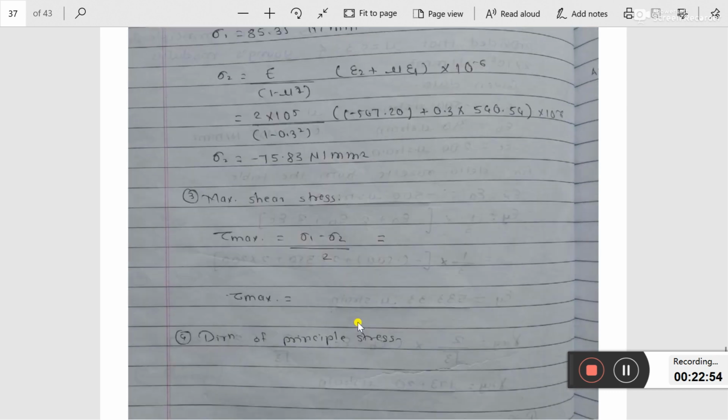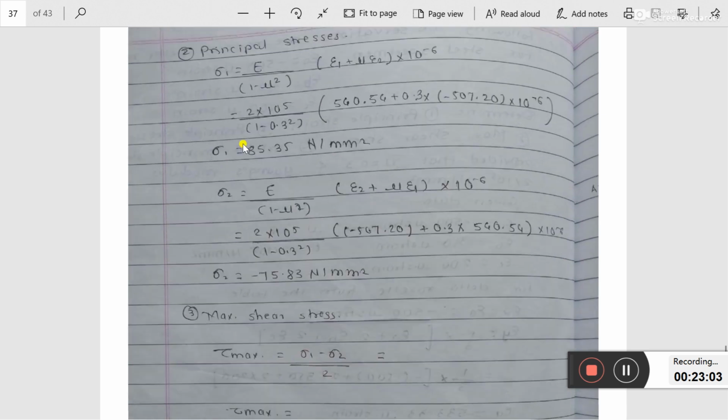Then they have asked for the maximum shear stress. The simple formula is there with us, that is tau max is equal to sigma 1 minus sigma 2, divided by 2. Whatever sigma 1 and sigma 2 I have calculated, using these two values I have to calculate tau max, that is maximum shear stress.